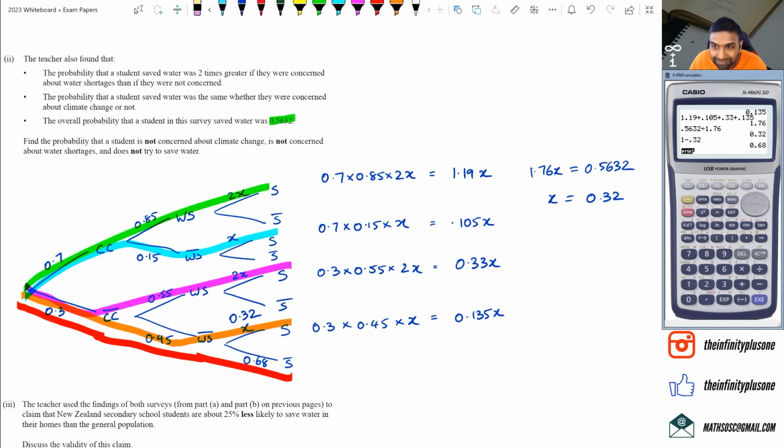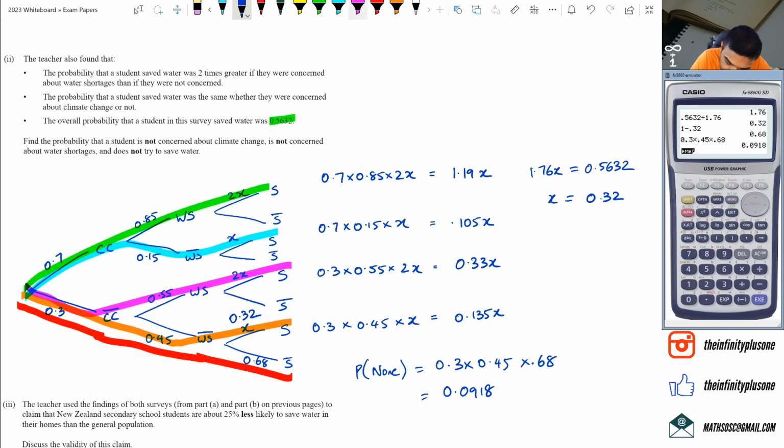You know what? I'm just going to go probability of nothing. They don't worry about anything, right? So it's 0.3 times 0.45 times 0.68. When I do that, I'm going to get 0.3 times 0.45 times 0.68. That gives me a probability of 0.0918.